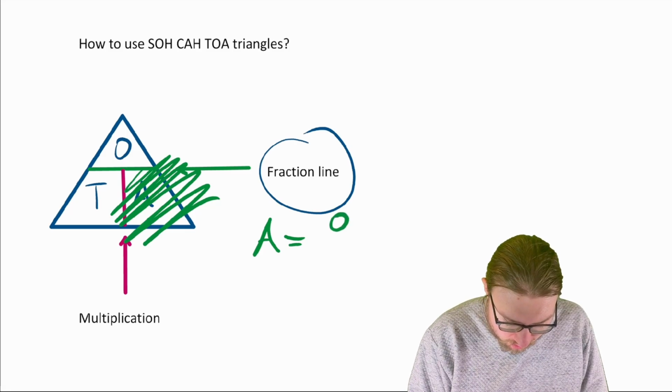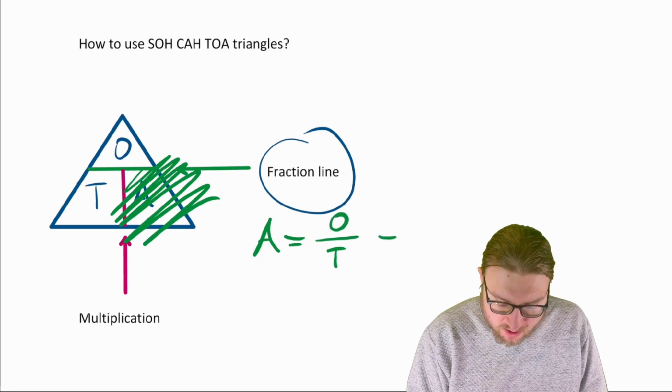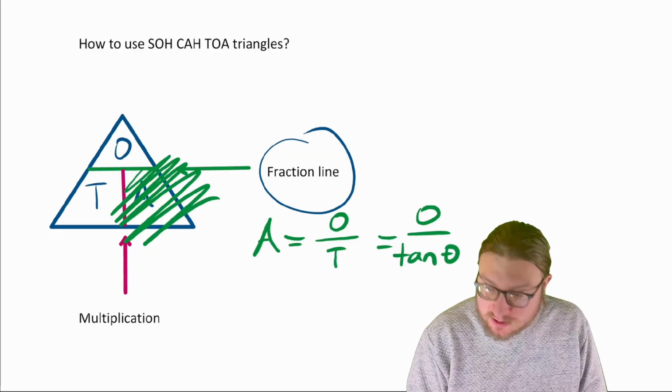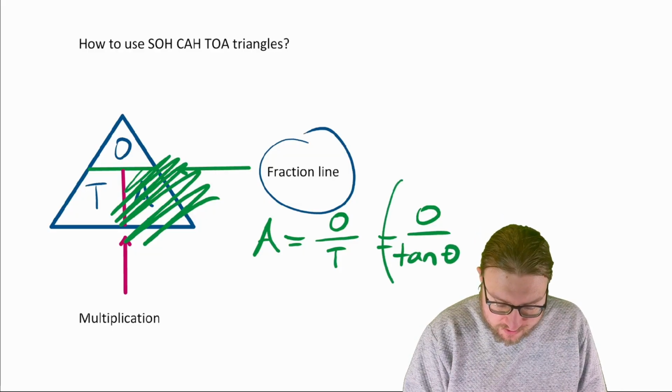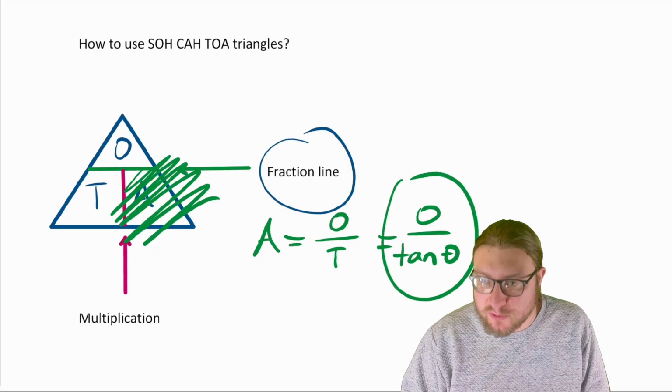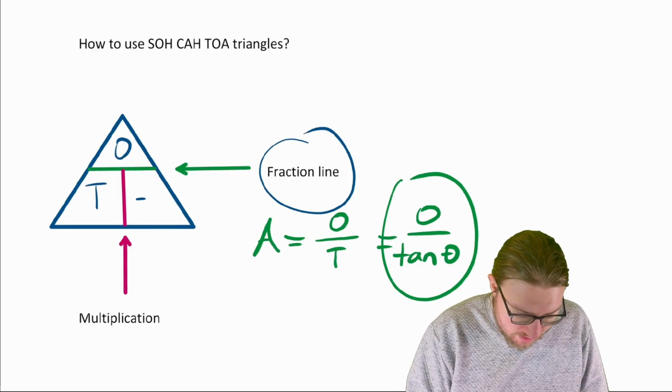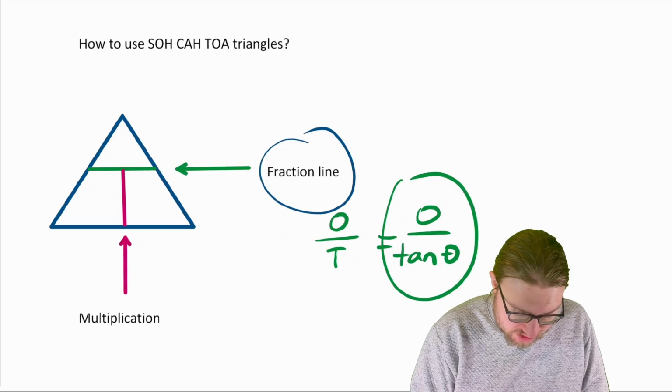So we have O divided by T. Well, O is the opposite, and T stands for tan of the angle. So if we now put this into our calculator together with the numbers of the actual example, then we'll be able to move on and find the answers for our questions.